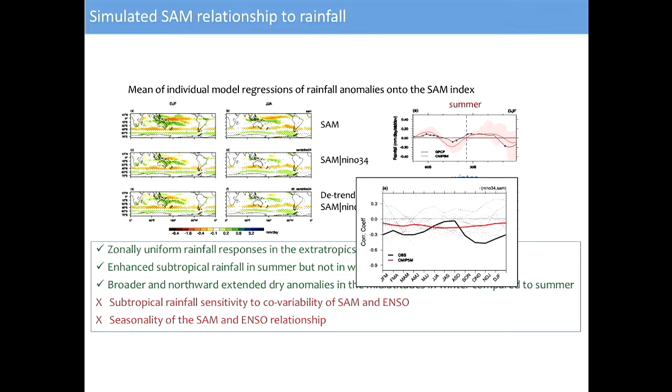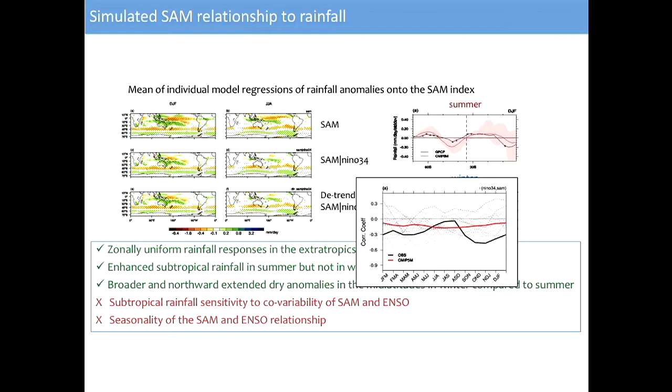But if you look at all the different lines from individual models, the correlation of El Nino 3.4, so ENSO, and SAM, none of them get this seasonality in that relationship. And the multi-model mean is just flat and insignificant.